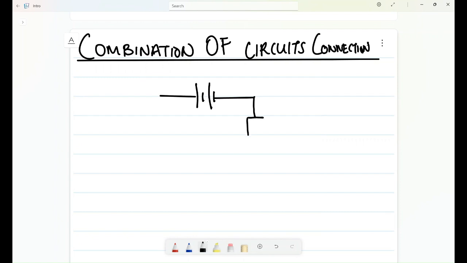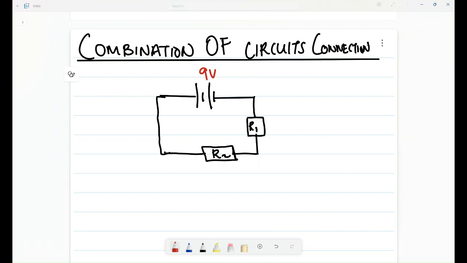I want you to see something here. Do you agree with me that so far, let me just confirm time. All right. Can you see that so far we have a series connection because there is only one path?